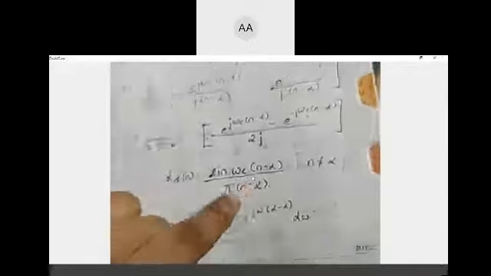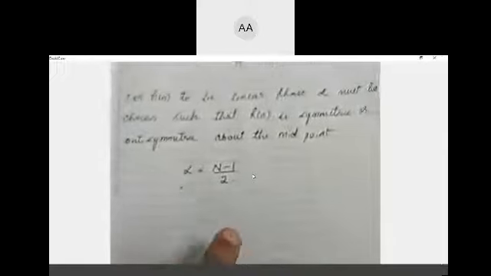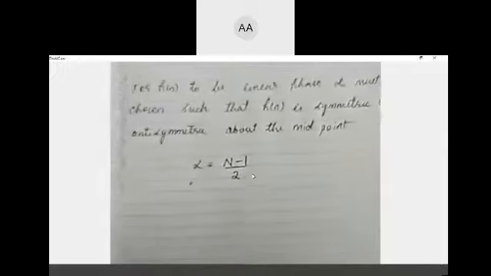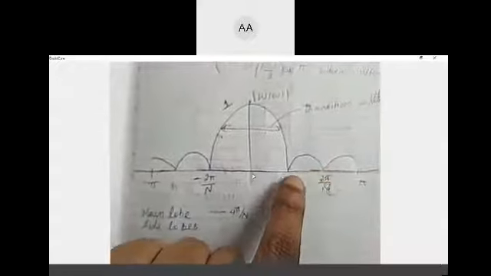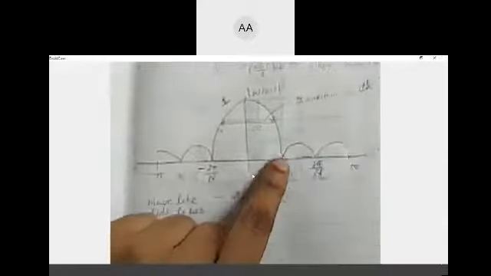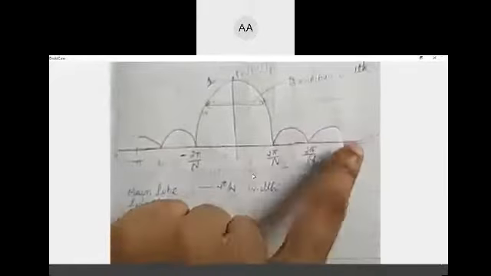So it's about this transition width, and this alpha value that you choose equal to (N minus 1) by 2, and based on this and the stop band attenuation, that is beyond how many dB there should be a cutoff, that is based on your side lobe value. These are the side lobe or stop band attenuation values.